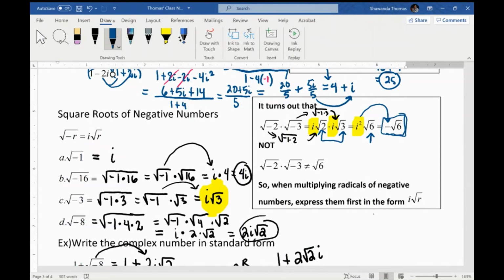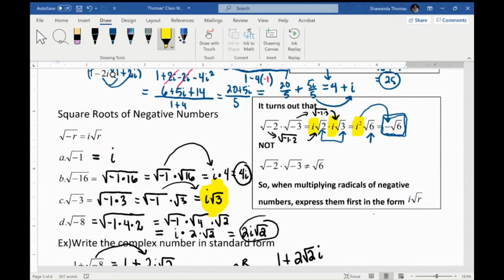So, what's the point of all that? The point is, if you have negative numbers under the radicals, we cannot do it this way. In the imaginary number system, you have to convert everything to i's first, express it in that form, and then simplify your answer.